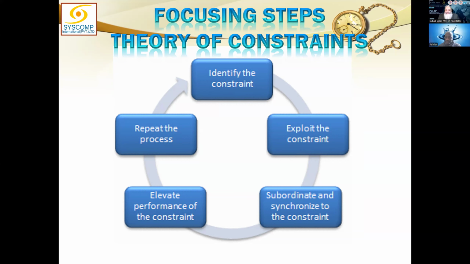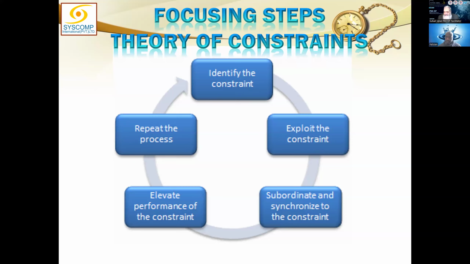Okay. It says that if actually, let's forget about the project management. Let's talk about the production environment. In production environment, people usually have delays or less production, less number of items being produced due to several reasons.